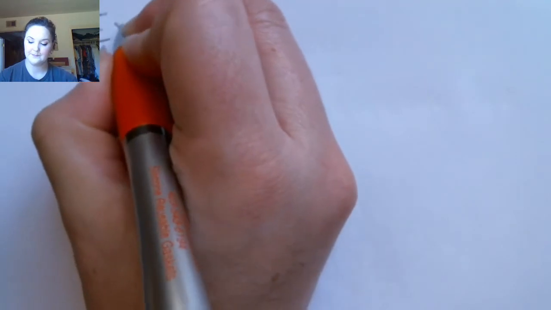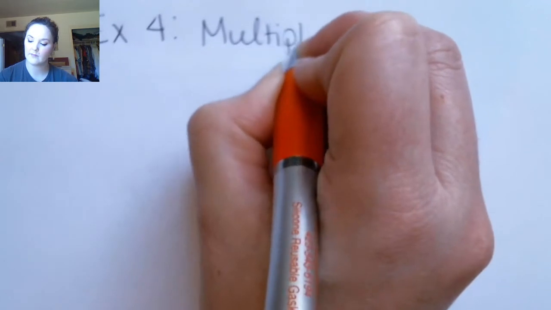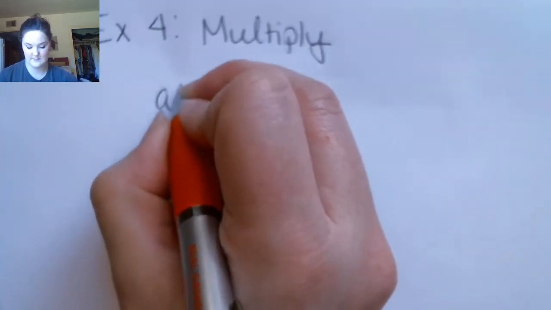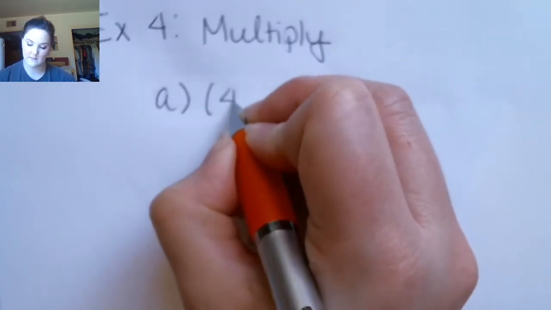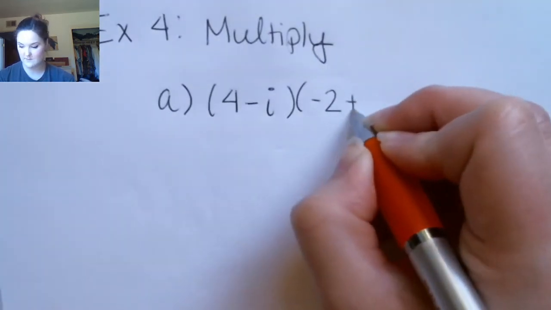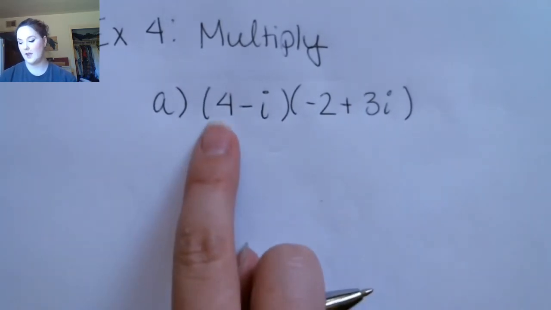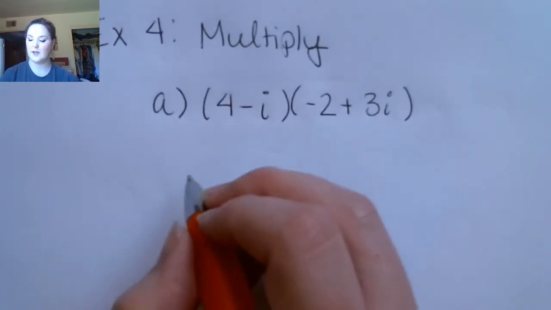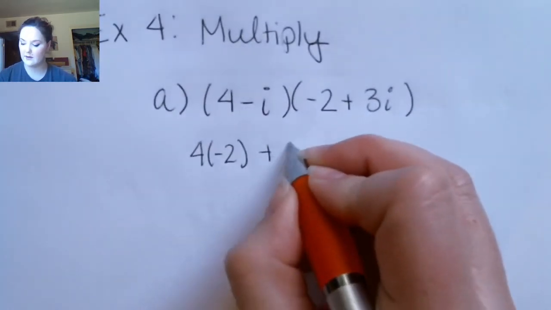Let's look at an example of a complex number times a complex number. We're going to distribute like you would with any other binomial. So 4 times negative 2, and then 4 times 3i.